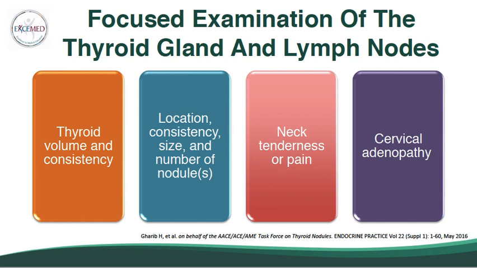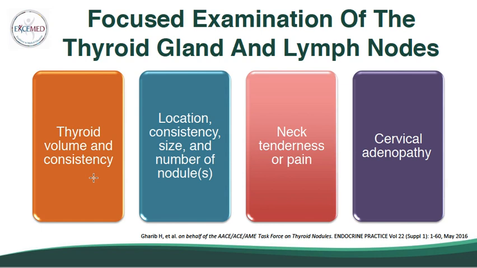So, what are the things that you have to look out for when you physically examine a patient with a thyroid nodule? First, you look at the thyroid volume and consistency. If the patient has a diffusely enlarged goiter, then that probably points to the possibility of a hyperthyroid disorder, more commonly Graves' disease.